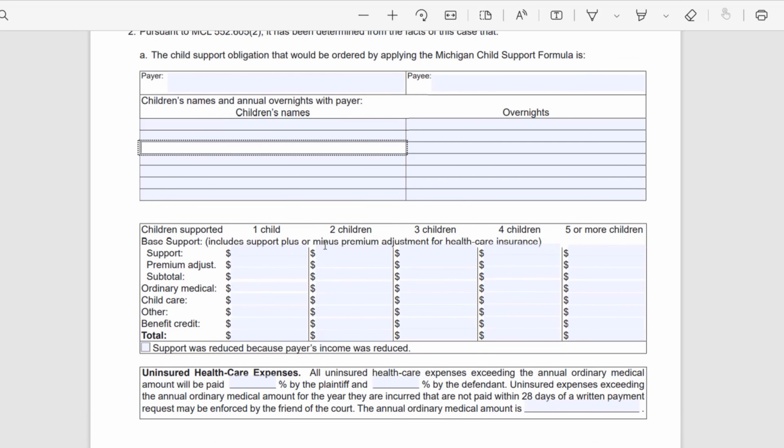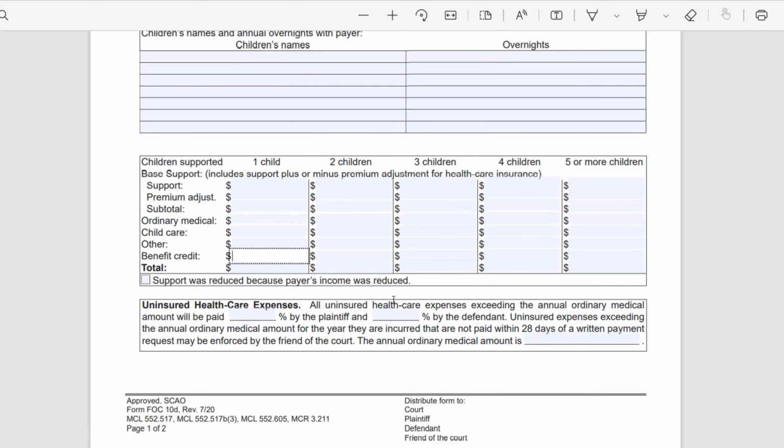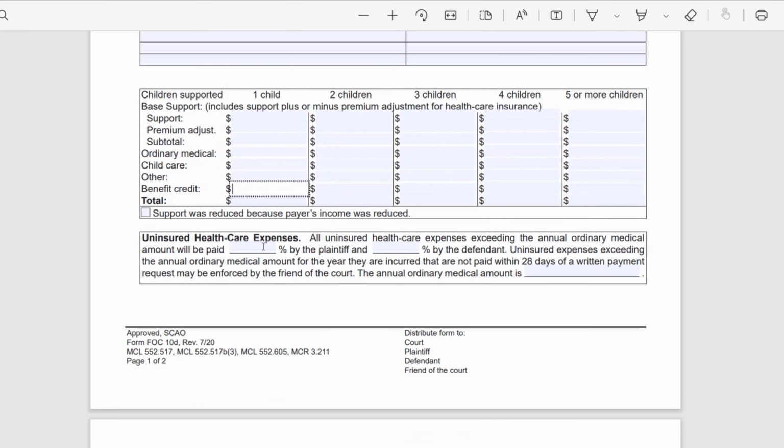And again, we're going to be putting in what the formula would have told us to put in, not what was ordered, but what the formula would have told us to put in if we had followed the child support formula as it relates to base support, any premium adjustments for health insurance costs, ordinary medical, child care, or if there were any benefit credits. So again, we're going to be putting all of that in here for what it would be if we had followed the formula. Same thing down here on the uninsured health expenses.